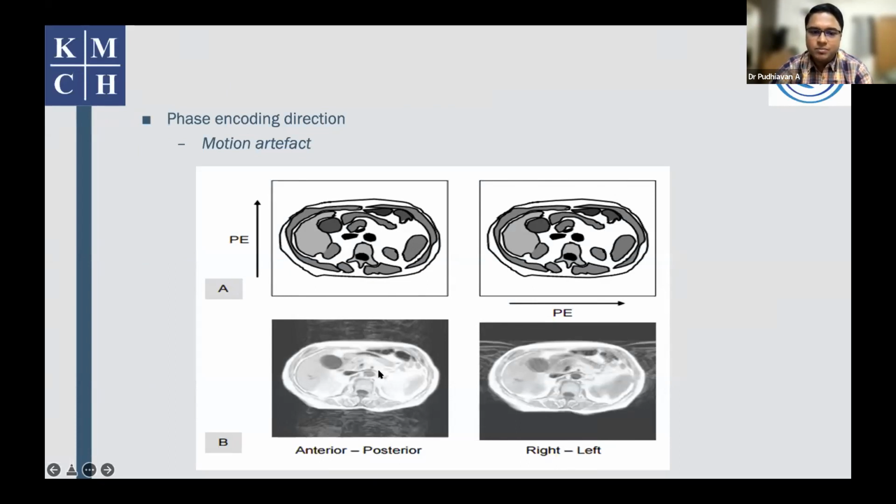Or suppose there is a para-aortic pathology, then we can use a phase encoding direction of antero-posterior, so that the artifact also happens in the antero-posterior direction, and the pathology that has to be imaged is not obscured by the artifact. So you have to be familiar with these parameters so that you can modify them while you're scanning to get a good quality image.